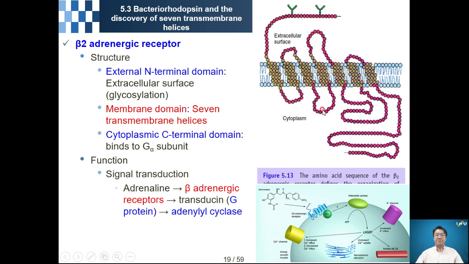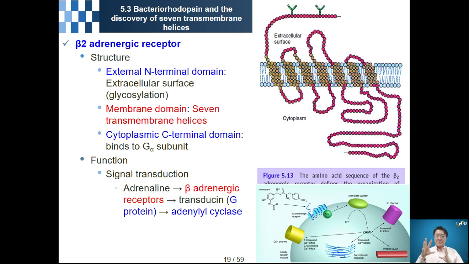Okay. The main function of the beta-2 receptor is that adrenaline binds to this receptor. After that, it transports the signal to the G alpha subunit. So the G alpha subunit is activated. G alpha GDP is changed to G alpha GTP.